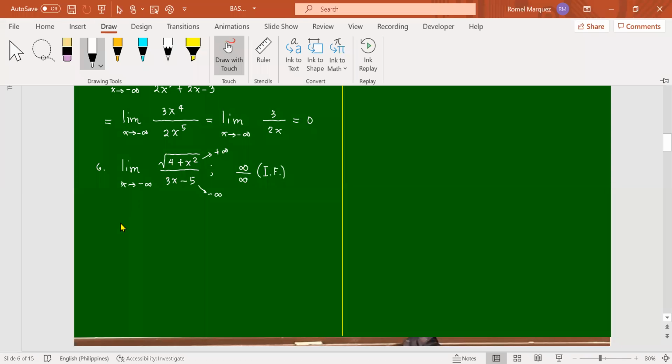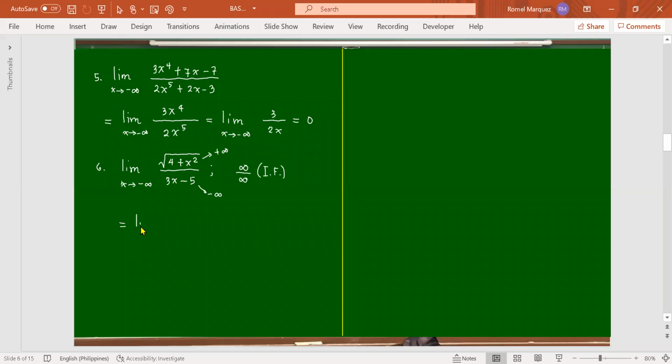Okay, guys? So what we do, we have limit as x approaches negative infinity, i-insert natin ito sa loob. Pwede rin namang mag-divide tayo ng, let's say, square root of x.